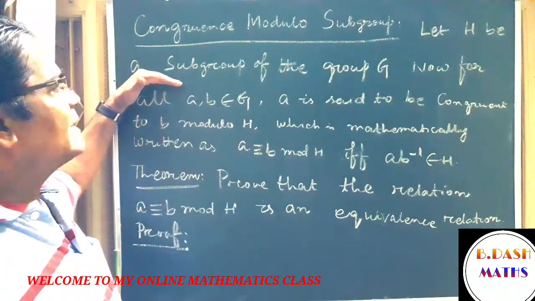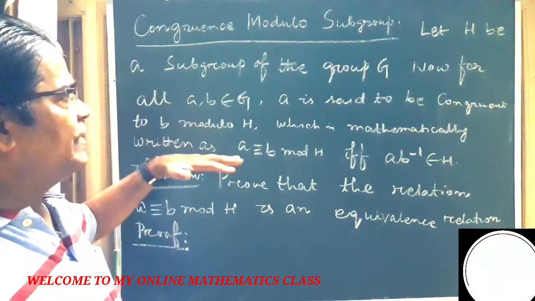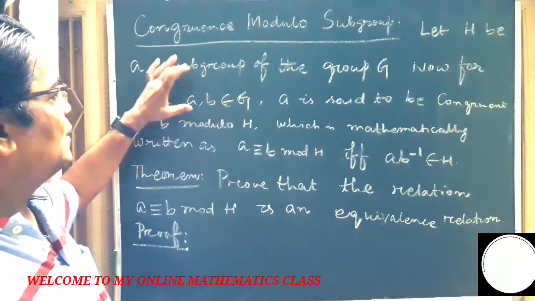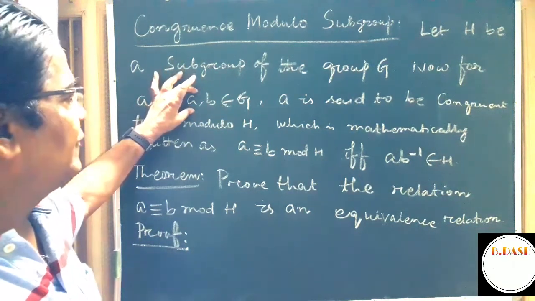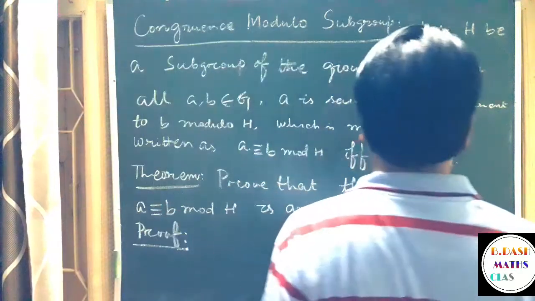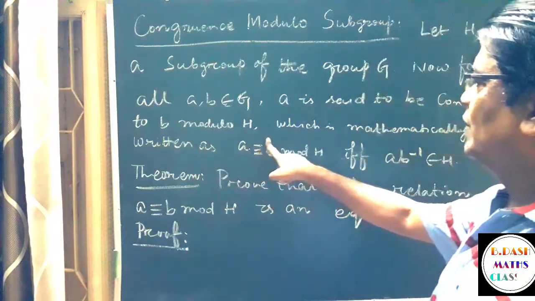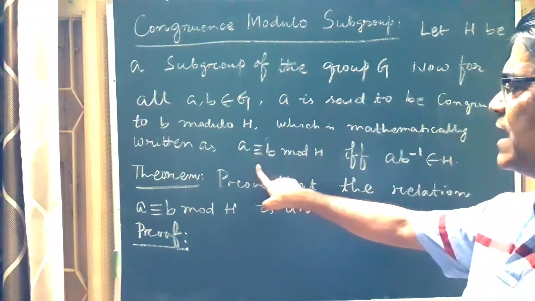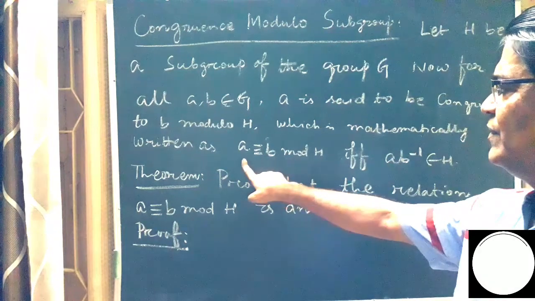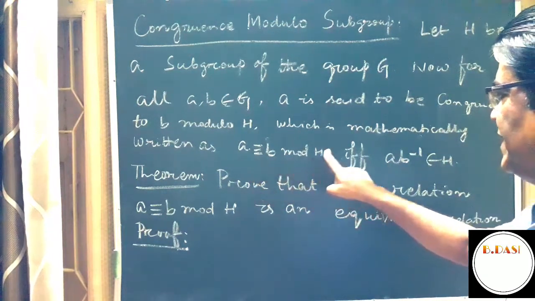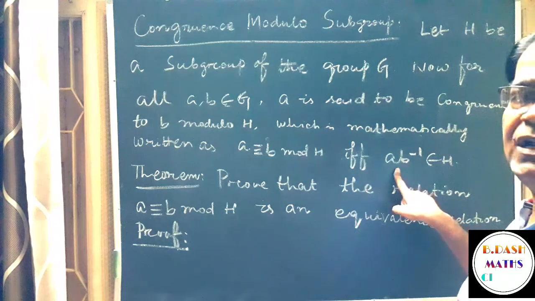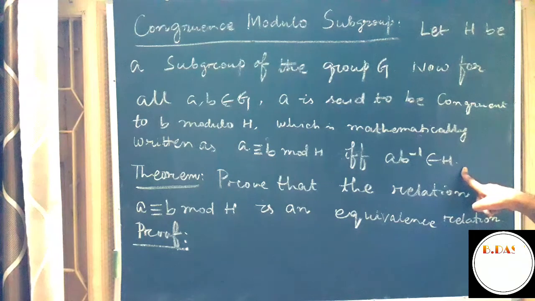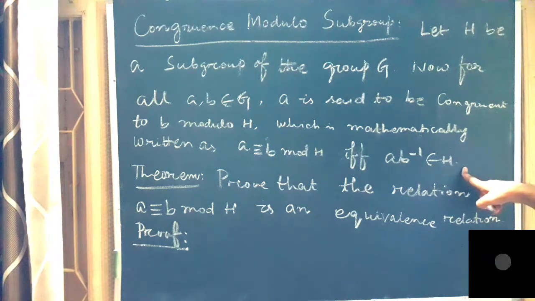Let H be a subgroup of the group G. Now for all a, b belonging to G, any two elements chosen from G, a is said to be congruent to b modulo H, and this can be symbolized mathematically as a congruent to b mod H if and only if a b inverse belongs to H. So this is called congruence modulo subgroup.